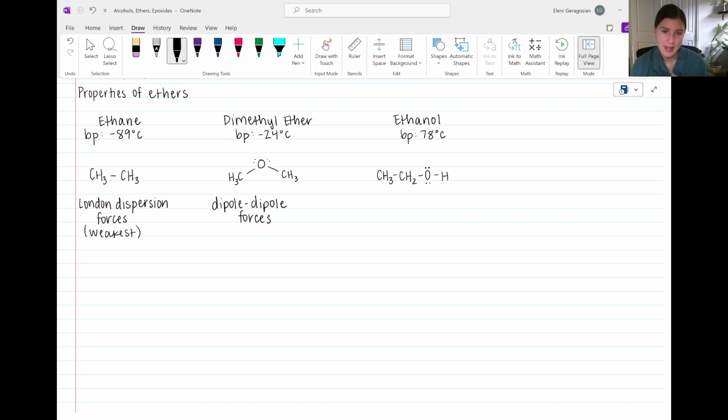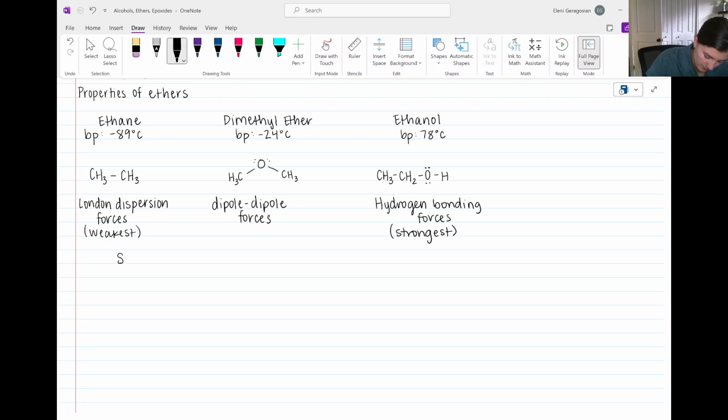And then if we look at ethanol, we have hydrogen bonding. These are the strongest intermolecular forces, and so that's why ethanol has a higher boiling point than dimethyl ether, which has dipole-dipole forces, and ethane, which has London dispersion forces.